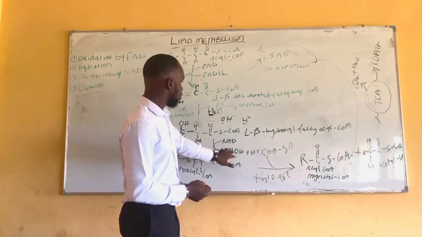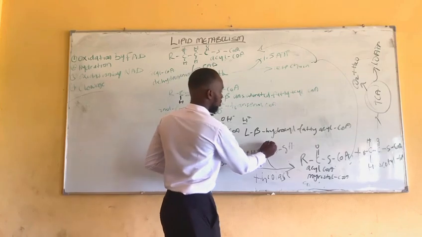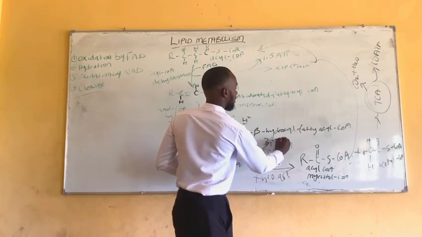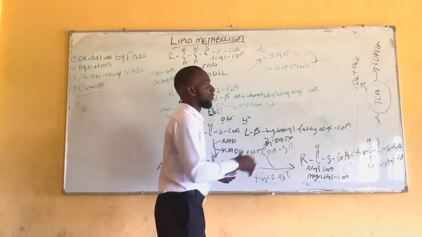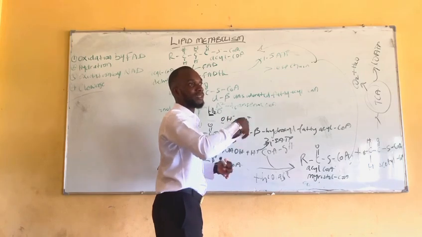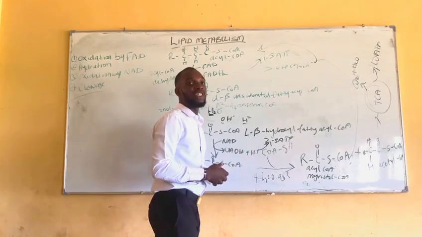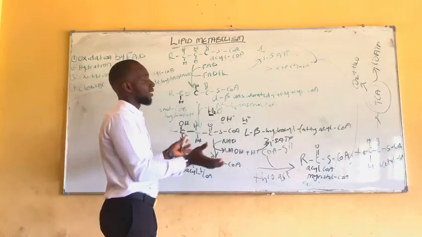Also NADH can go to the respiratory chain to form 2.5 ATP. Then the acetyl-CoA, if it enters the citric acid cycle, forms 10 ATP. So when you combine all this and multiply it by the number of cycles, that's when you know the energy yield of this entire cycle.